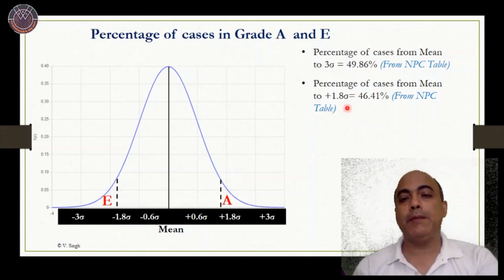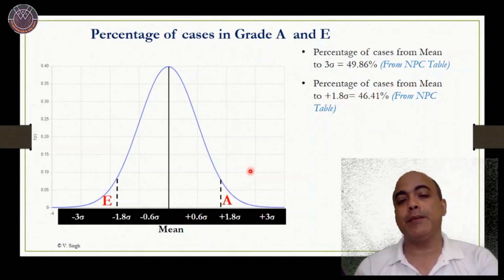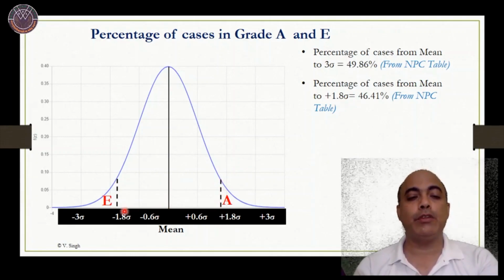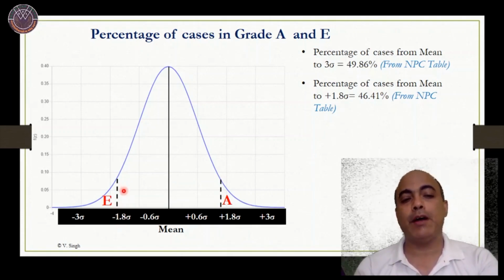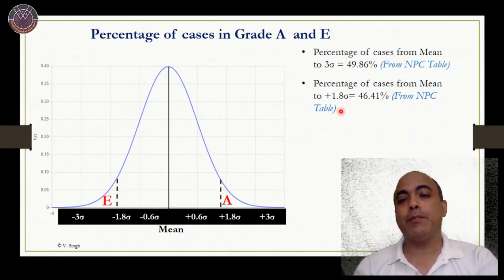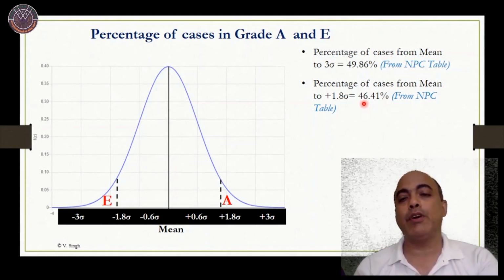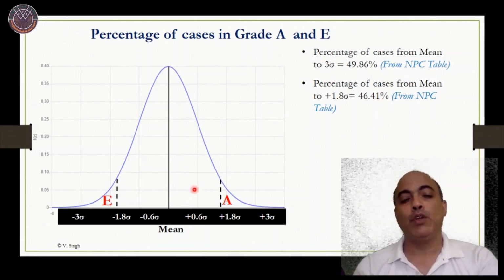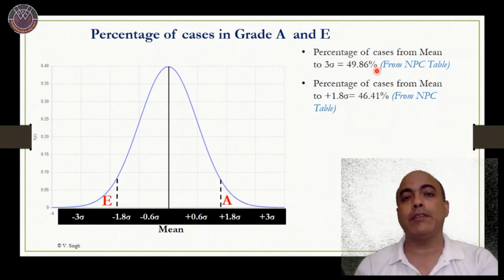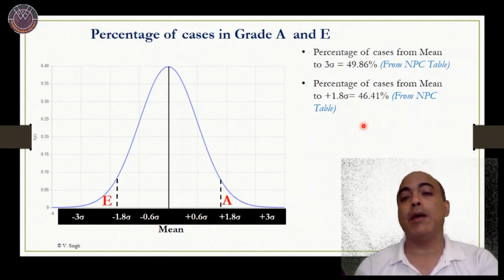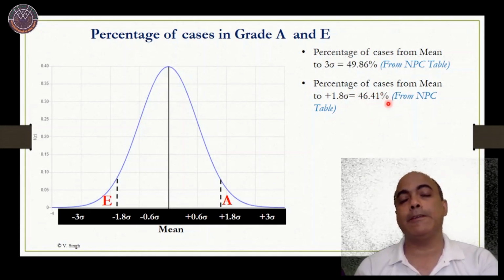And similarly, the percentage of cases from mean to plus 1.8 sigma, because this is the cut mark, or from mean to minus 1.8 sigma, since these two areas are the same, is 46.41%. So from mean to 3 sigma we have 49.86% cases, and from mean to 1.8 sigma we have 46.41% cases.